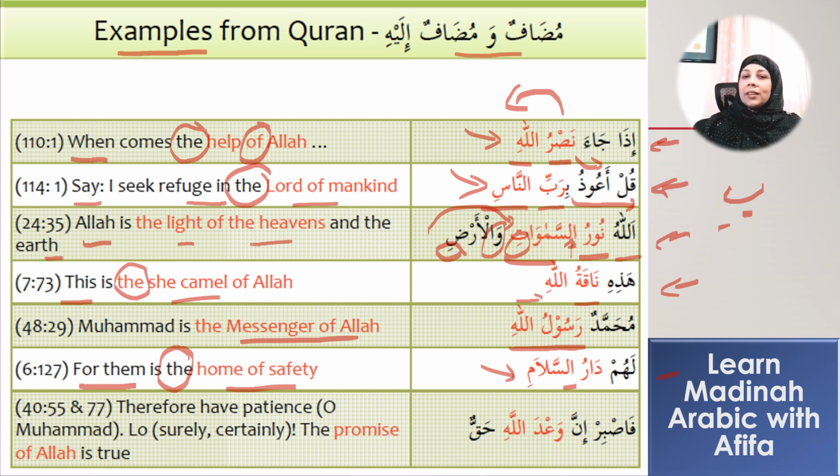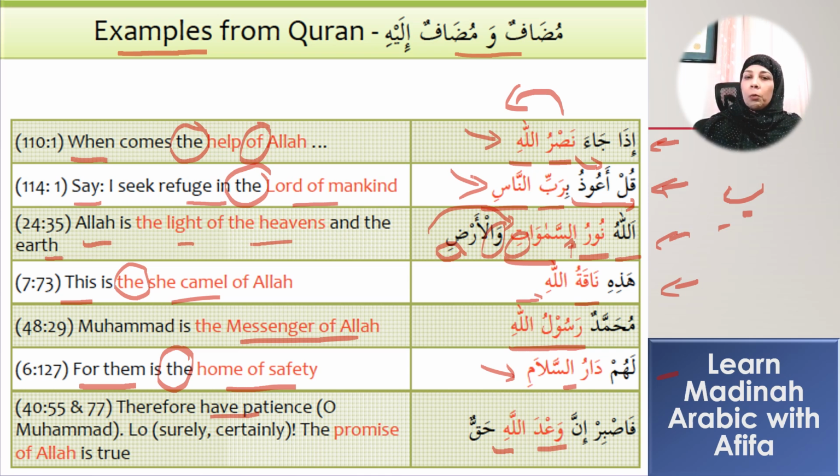Okay. The next one is Fasbir. Inna wa'adallahi haqqun. So therefore, have patience. O Muhammad sallallahu alaihi wasallam, surely, certainly, the promise of Allah is true. So this is wa'adallahi. This is the mudaf, mudaf ilayhi. Wa'ada is the mudaf, and Allahi is the mudaf ilayhi.